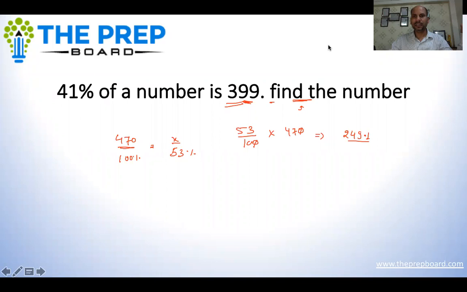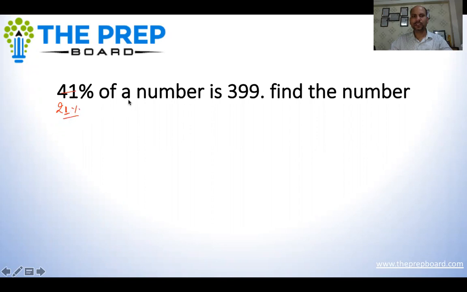Okay, let's see another question. 41% of a number is 399. Find out the number. Okay, I'm just changing the number to 21%. So 21% of a number is 399. Find out the number. Here our purpose is to learn the method and see how we can apply it and how we can calculate the number easily.